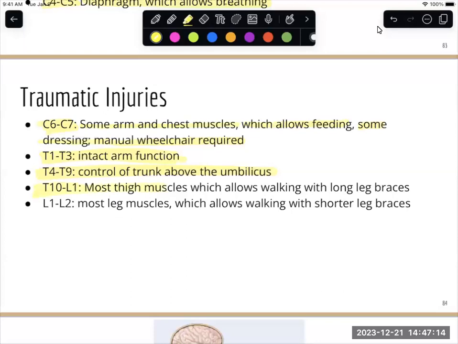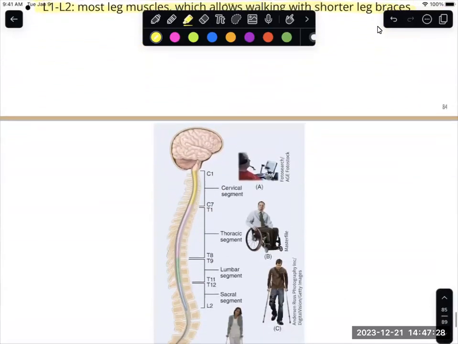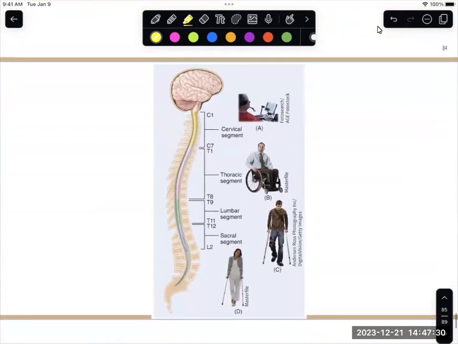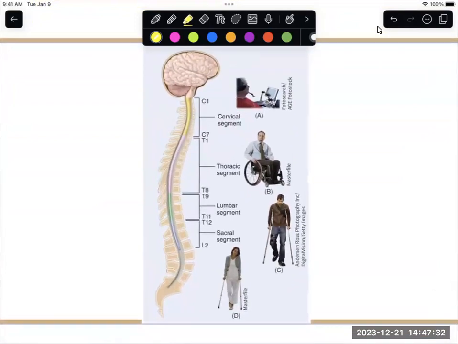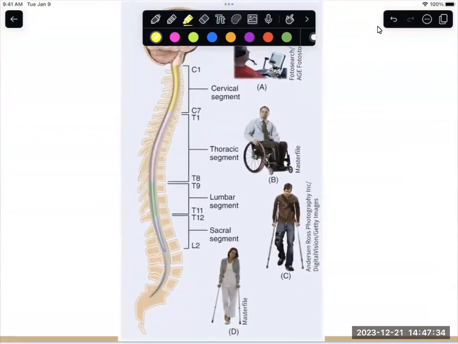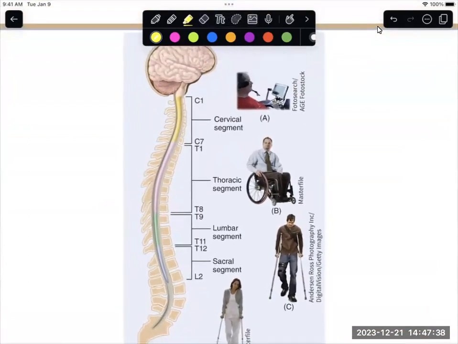T10 to L1, you'll have some of your thigh muscles, which means you could possibly walk with braces. L1, L2 means most of your legs will move, so you can use shorter braces. So this was kind of just an interesting image from the textbook. There we go. It kind of shows what people need depending on where their damage occurred.